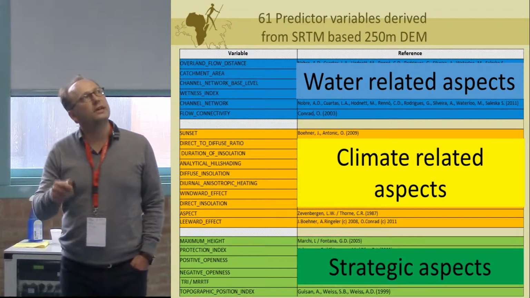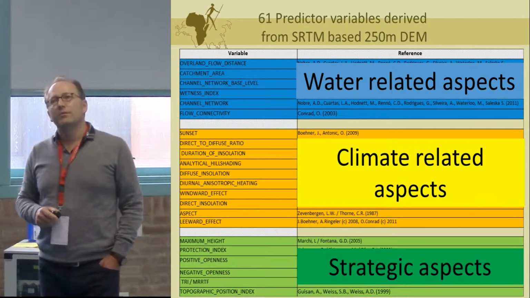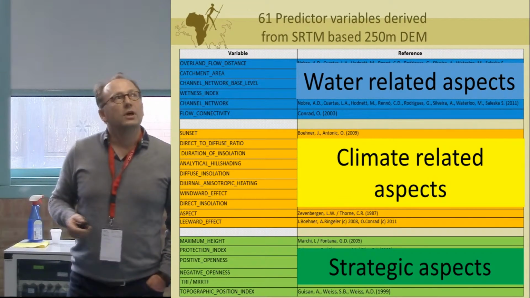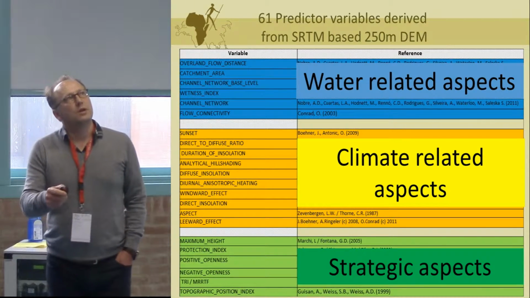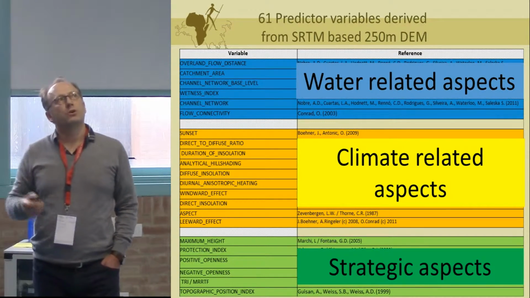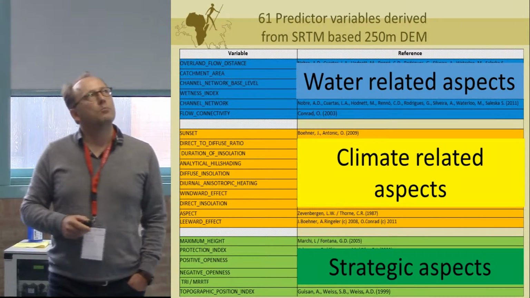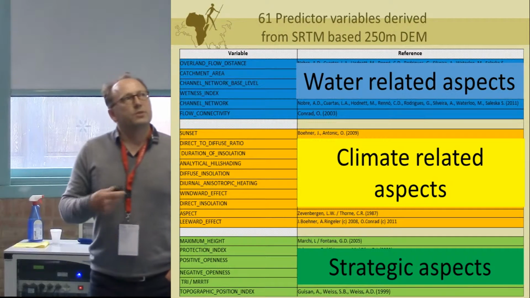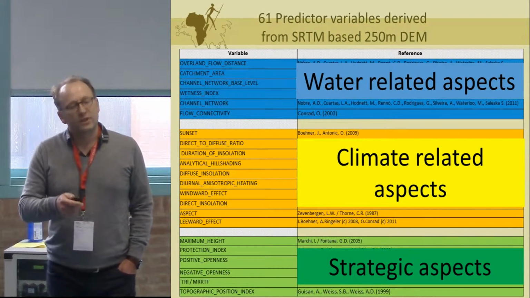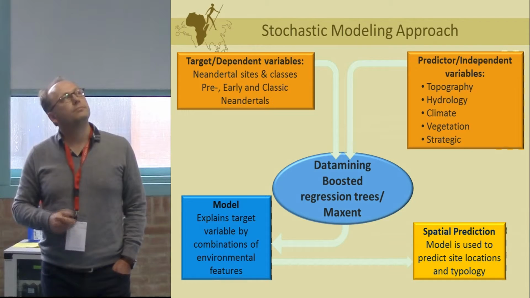So we can classify the 61 predictor variables we derived from the digital elevation model, in this case the SRTM, which we resampled to a resolution of 250 meter, into these three different classes representing different environmental conditions.